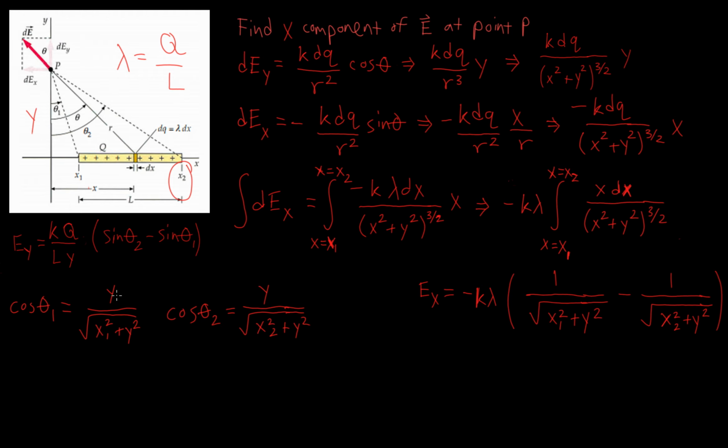And so note that the expression for cosine of theta 1 is very similar to this expression right here, except that there's a variable y on the top. And for cosine of theta 2, it's very similar to this expression right here.